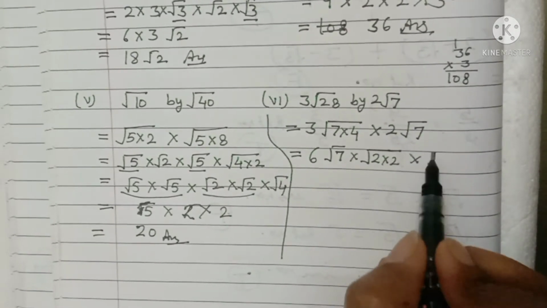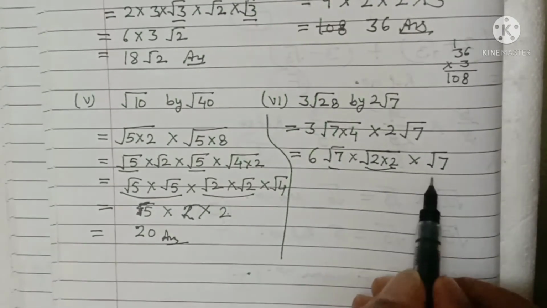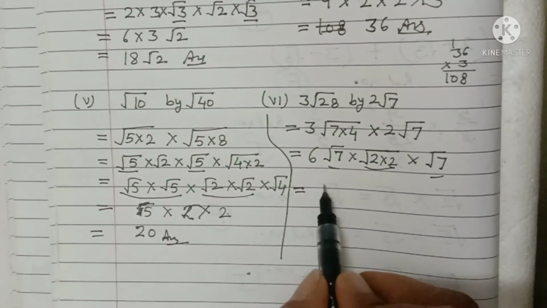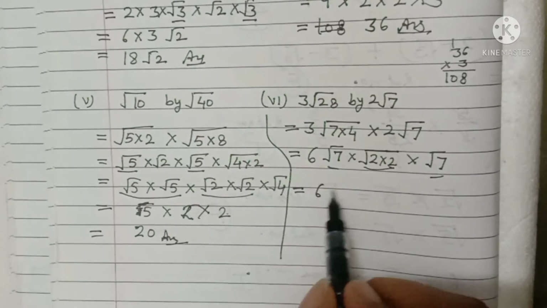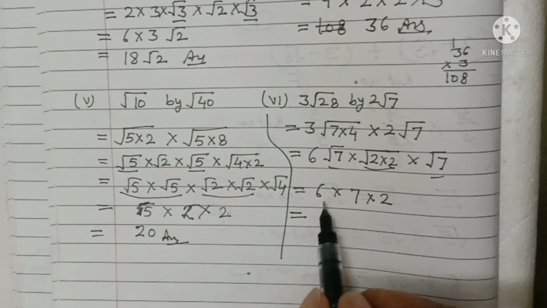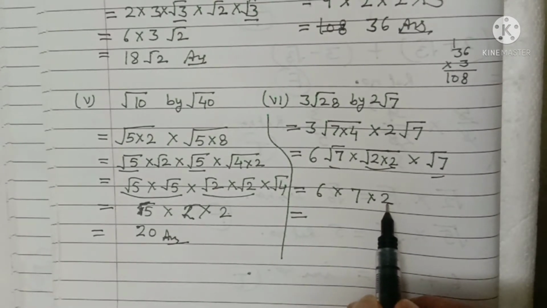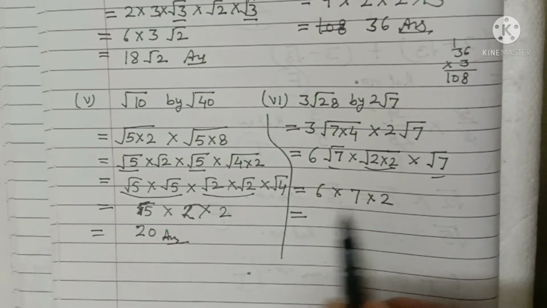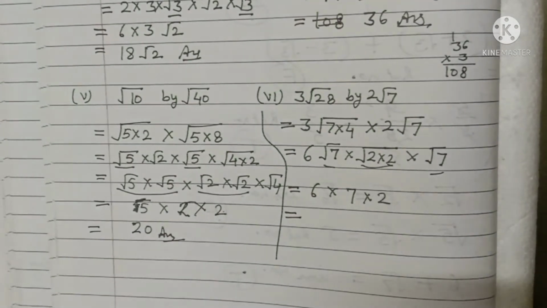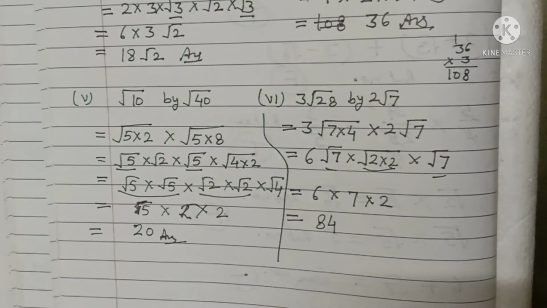Now under root 7, this is in pair, this is also in pair, so you can write 6 into 7 into 2. So this becomes 6 2s are 12, 12 7s are 84. Answer.